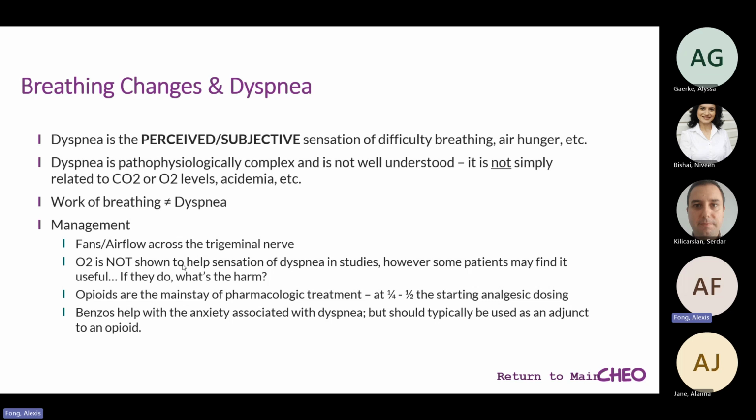So you could have people who look horrendous and look like they are struggling to breathe, but might say, I feel totally fine. So they're not dyspneic. Whereas you might have people whose blood work is totally normal, but feel like they're short of breath. That is dyspnea. So really, dyspnea is subjective, and we can only really tell someone is dyspneic by asking them.